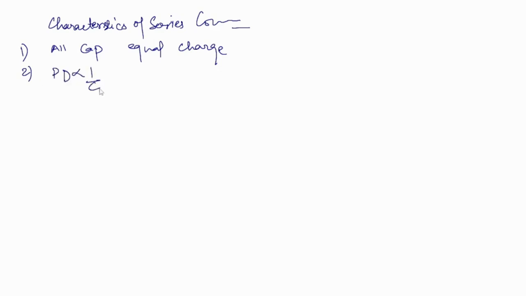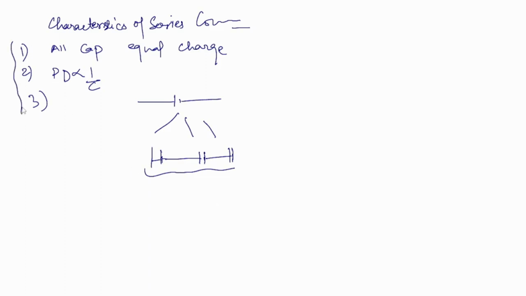The third is that this combination is used when a high voltage is to be divided among several small voltages. Suppose this is a high voltage and we need to divide it into small voltages; then the series combination is used. We add some capacitors and the voltage will be divided into smaller ones. So these were the three characteristics of the series combination.